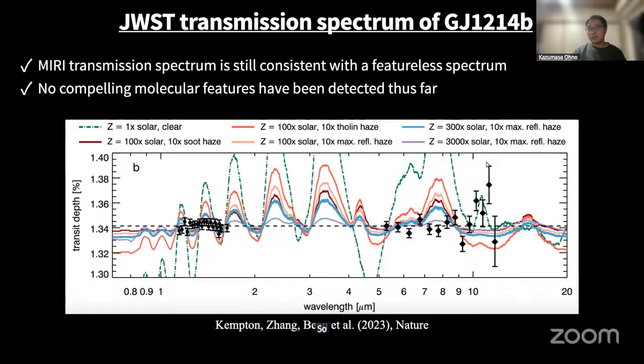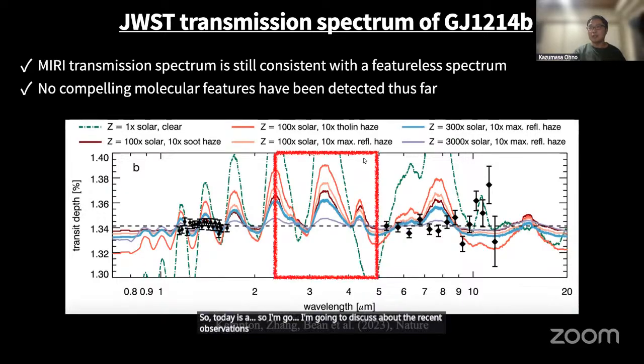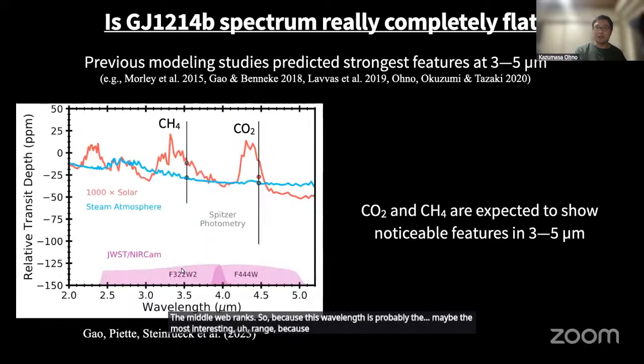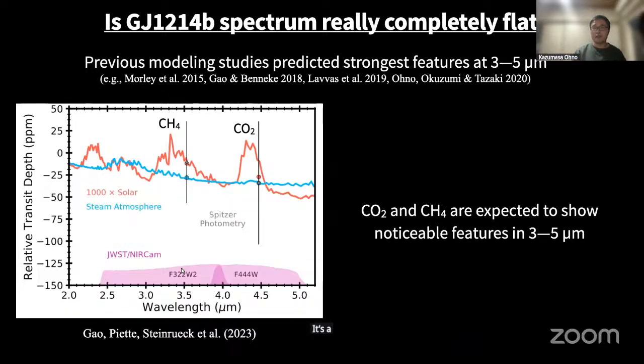So today I'm going to discuss the recent observations in the middle wavelengths, because this wavelength range is probably the most interesting, since previous modeling studies predicted prominent spectral features of CO2 or CH4 in these wavelengths.